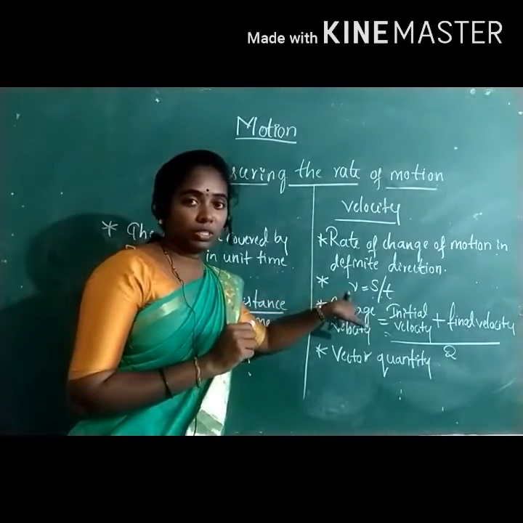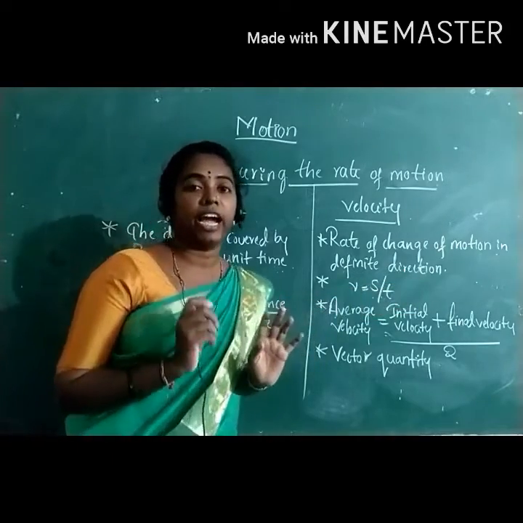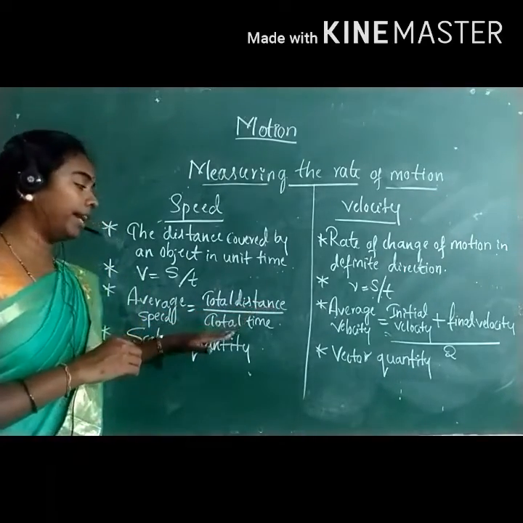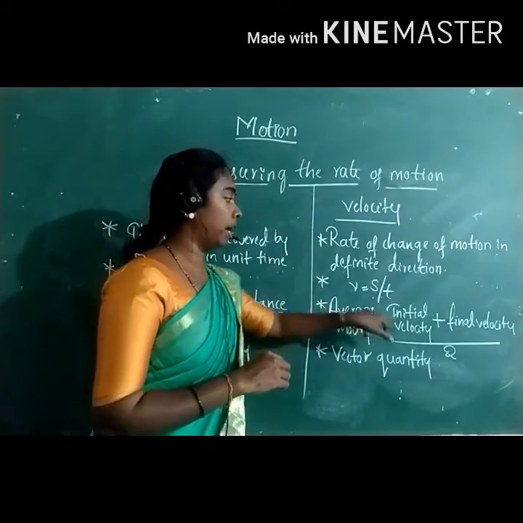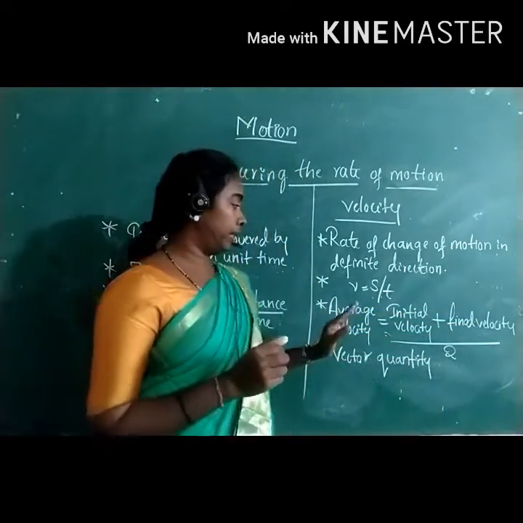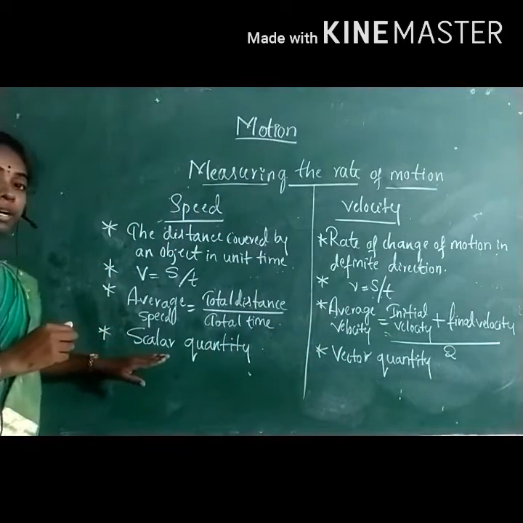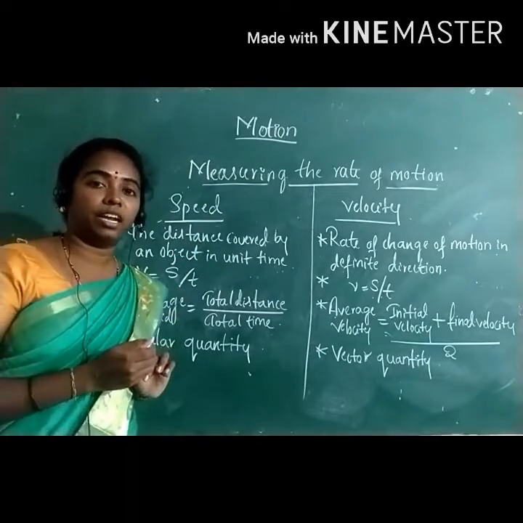In the velocity case, velocity is equal to displacement by time, and average speed is given by total distance by total time taken, whereas average velocity is given by initial velocity plus final velocity divided by 2. It is an arithmetic mean. Speed is a scalar quantity because distance is a scalar.